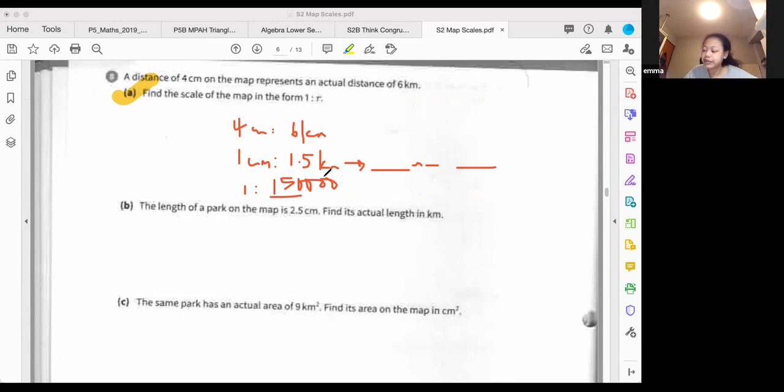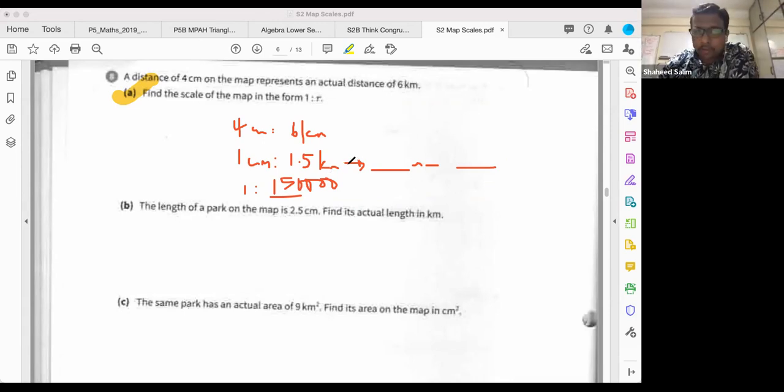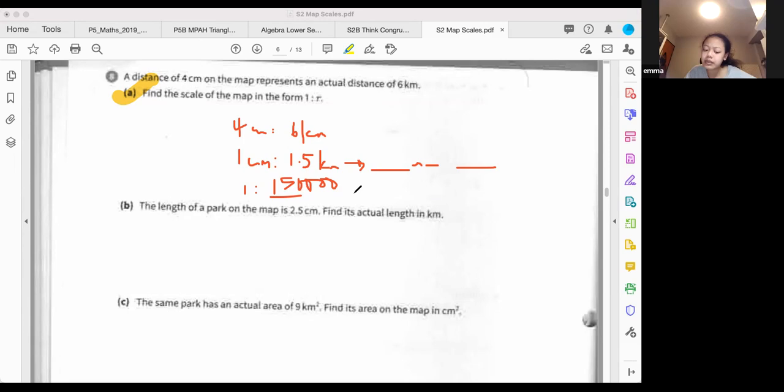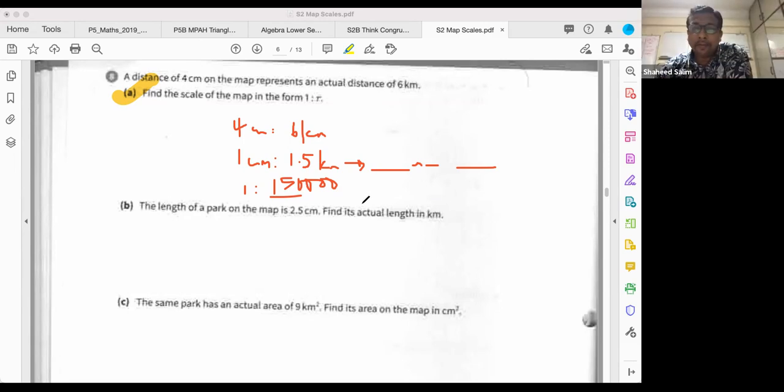1.5 km, and how many cm? 1.5 cm. Cannot be 1.5 cm. 1 cm on map got 1.5 cm? No, down here you want to change to meters, times by 1000.